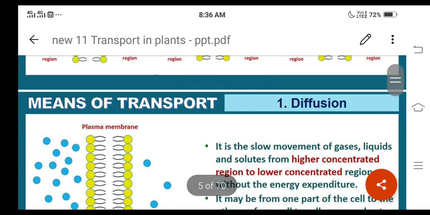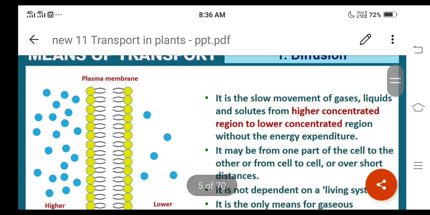The diffusion. In diffusion, what is the definition here? It is the slow movement of gases, liquids and solutes from higher concentration to lower concentration region without energy expenditure, right?